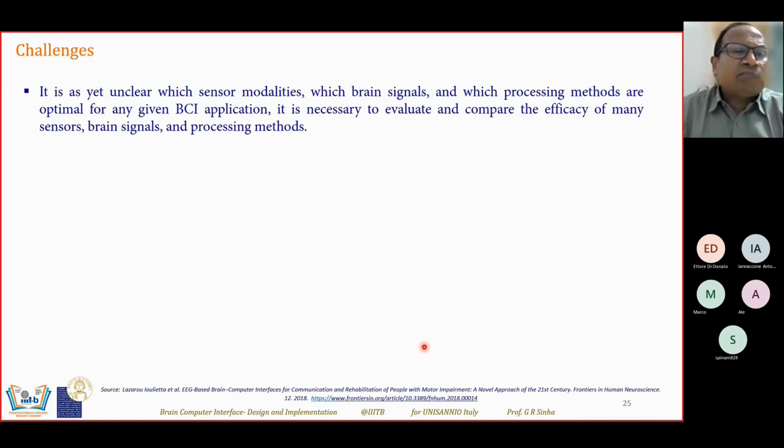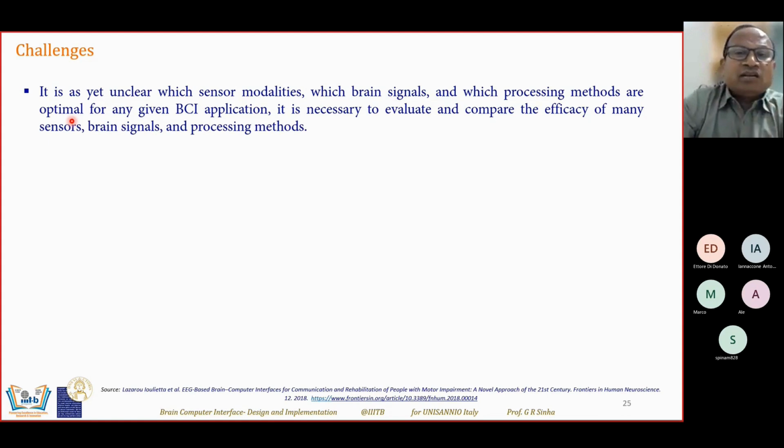What are the challenges? It's not yet very clear which sensor modalities, which brain signals, or which processing methods are optimal. This is really a challenging task: which modality is more appropriate, which brain signal is more optimal.